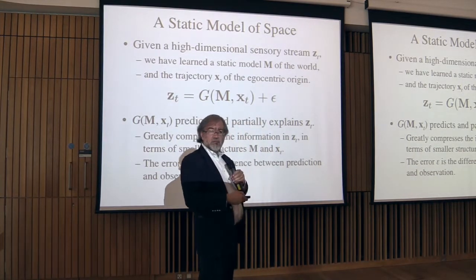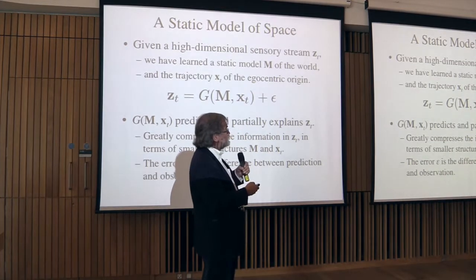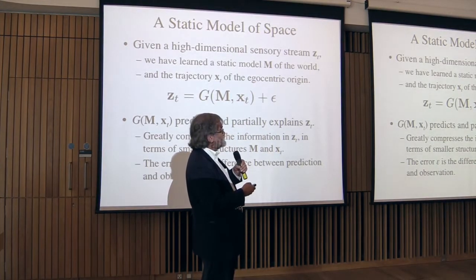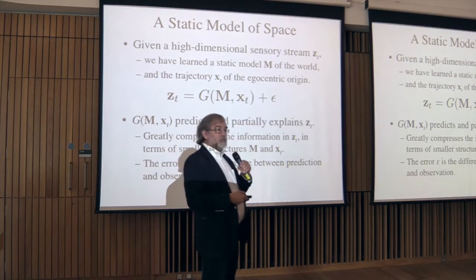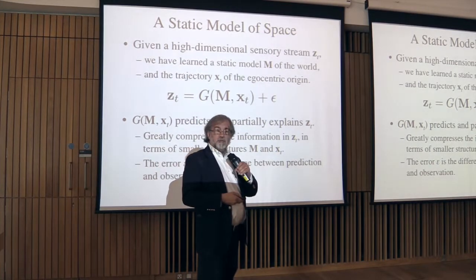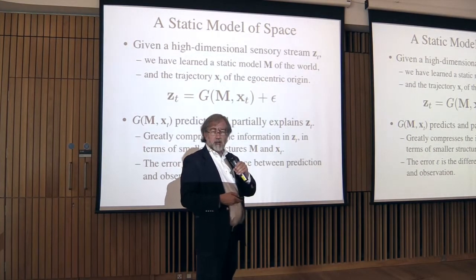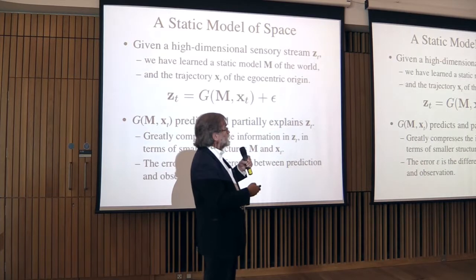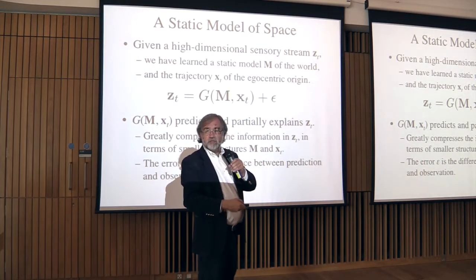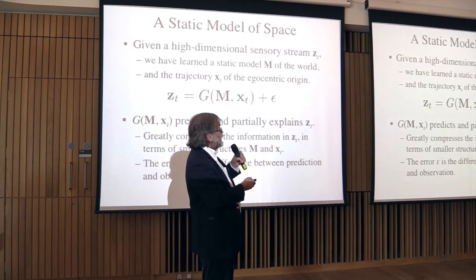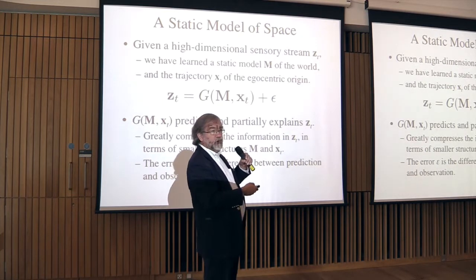In the course of this, what the occupancy grid representation is doing is teaching us a static model of the world. It's still got quite a lot of information, but it doesn't change with time. So it's a bunch of cells by a bunch of cells. And we've also learned the trajectory of the egocentric origin.